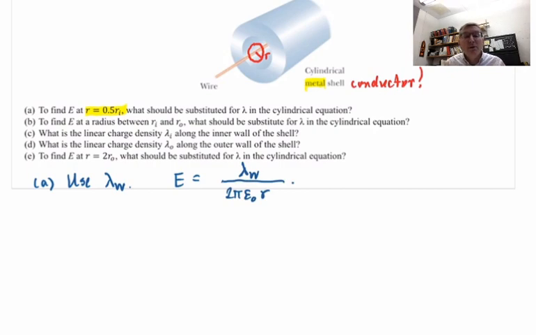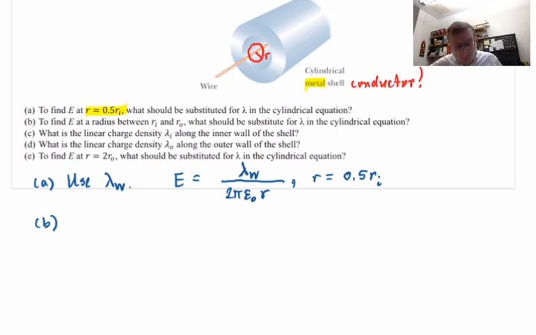That's the formula you would use to find the field magnitude at any point on that circle I've drawn in red, which is a distance r from the center, where the r we're talking about is 0.5 of r initial. That's how you answer part A.